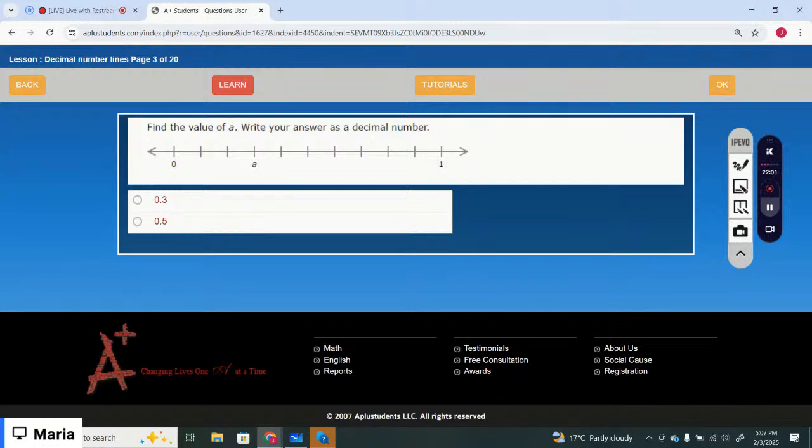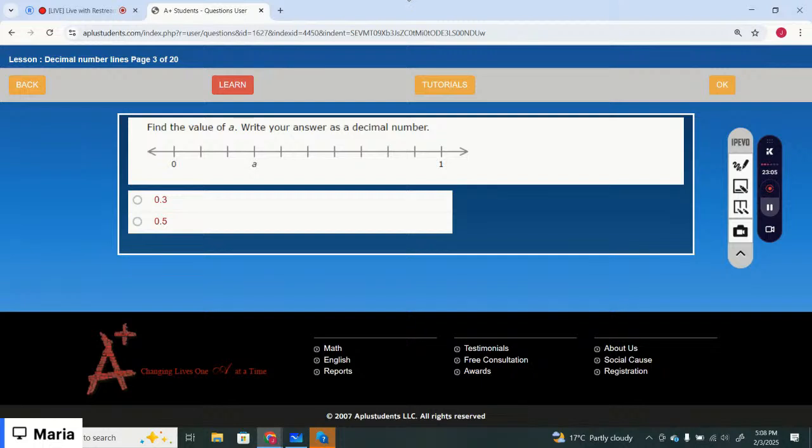Find the value of A. Write your answer as a decimal number. So, which is the correct option? That is 0.3.